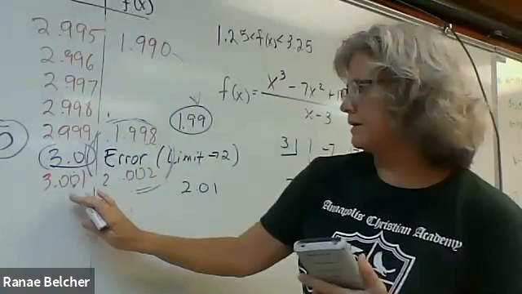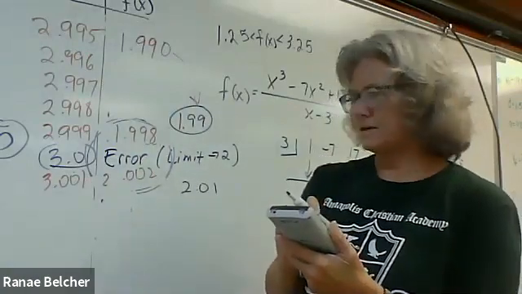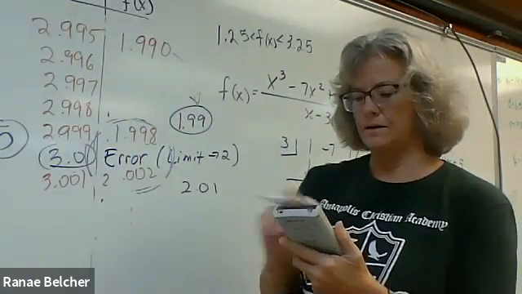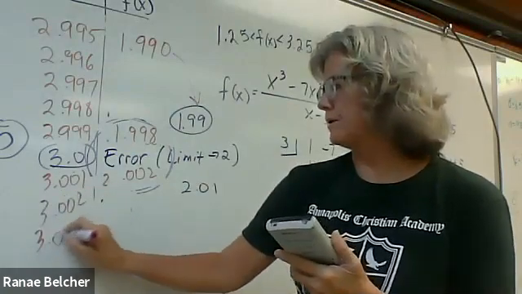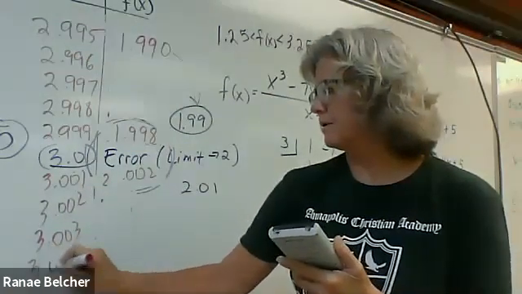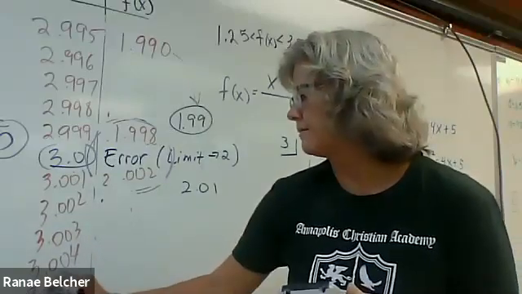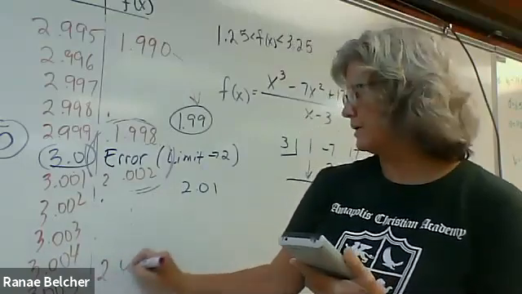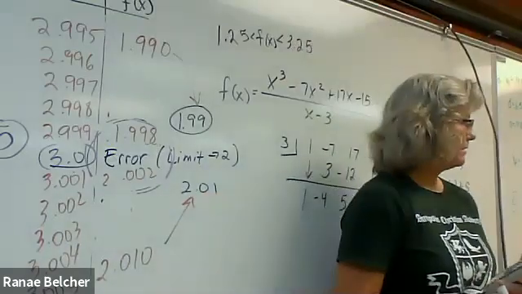And if I go over here, go down, I'm trying to get to 2.01. 3.002, 3.003, 3.004, 3.005. I have 2.010, which is what this is. Okay, see what I did?